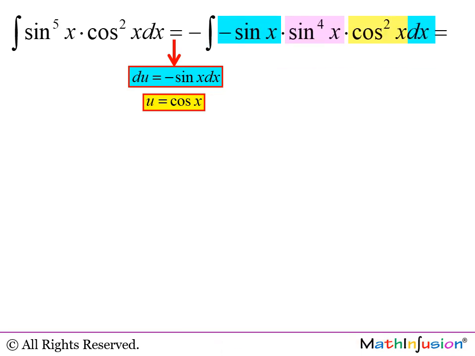So now I'm going to split up those exponents as I want. Instead of sine to the power of 5, I'm going to have sine of x times sine of x to the power of 4.